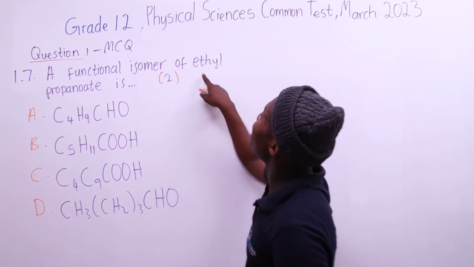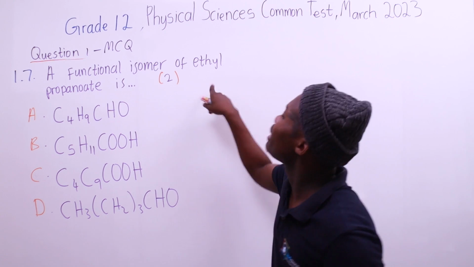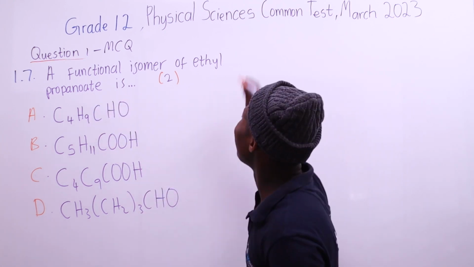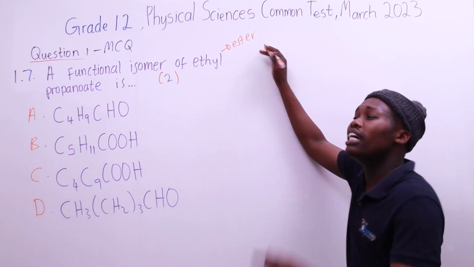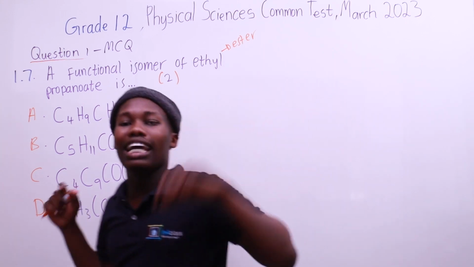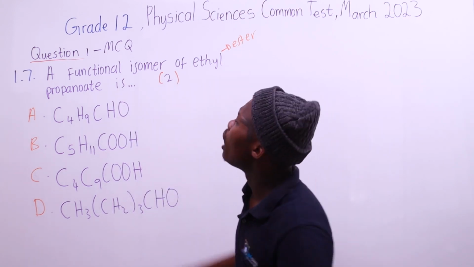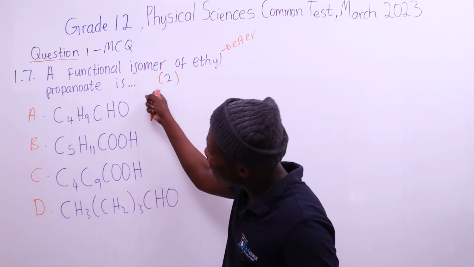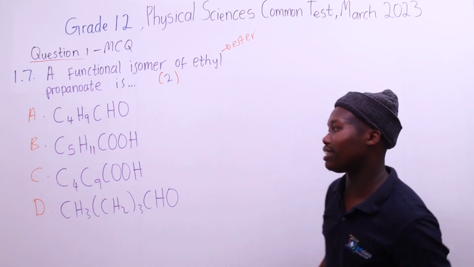So ethyl propanoate is an ester. An ester is made from an alcohol and a carboxylic acid, and a functional isomer of an ester is a carboxylic acid. We are looking for a carboxylic acid.